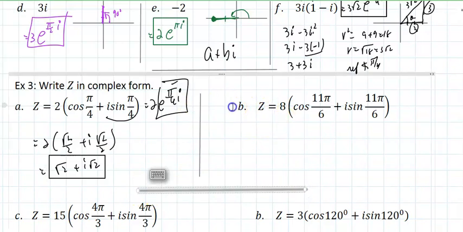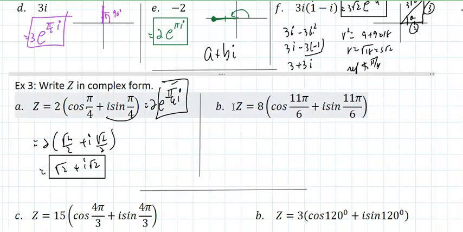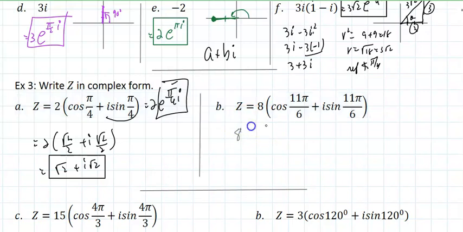Well, we know how to do this. This is really 8 times. And this has a reference angle of pi over 6. There's pi over 6. 1, 2, radical 3. So cosine is the adjacent over the hypotenuse.